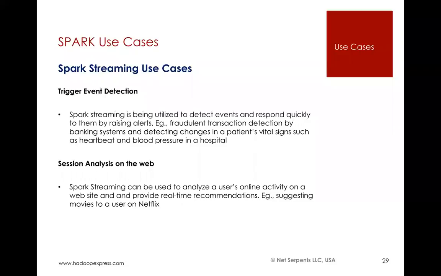Why is it suspicious? It might detect that, from the past data on this credit card, transactions always came in from the US and from the state of Ohio. All of a sudden, it's seeing transactions coming in from Singapore. That will trigger an event. That's called trigger event detection.